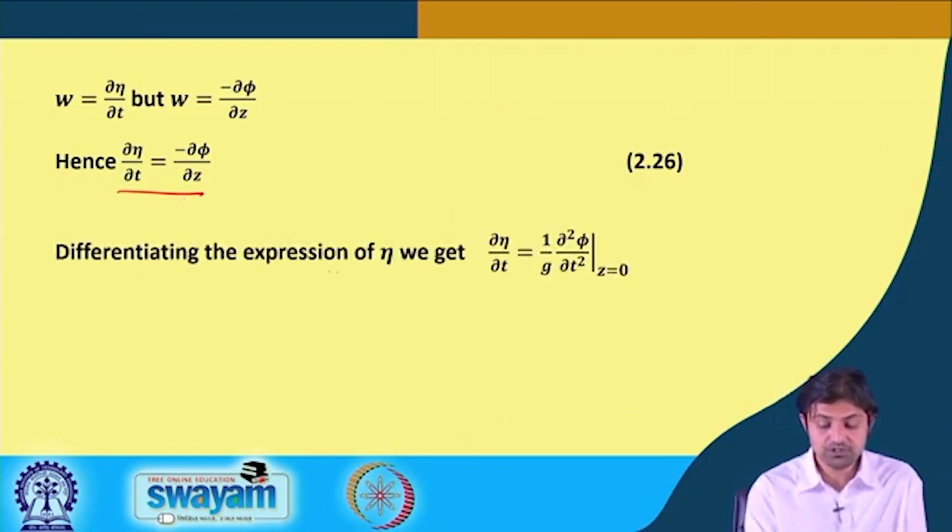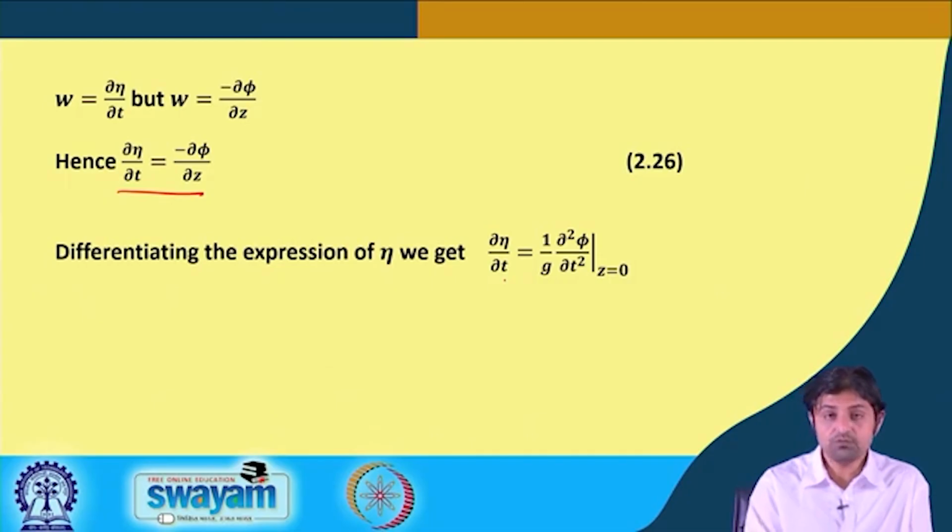If we differentiate the expression of eta, what do we get? del eta by del t is equal to 1 by g, you remember that term, at z equal to 0.